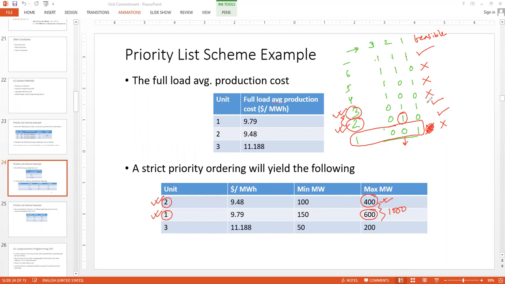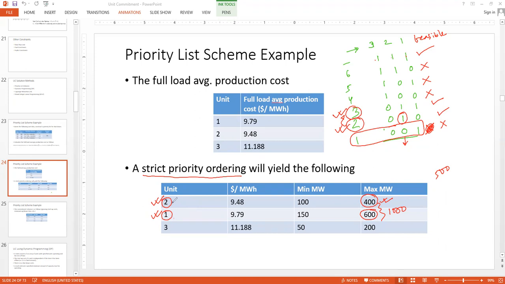That means if the demand, let's say, is 500, we could have chosen only unit number 1 and turned off unit number 2. But because we are following a strict priority ordering, we cannot do that. As I said, we cannot turn on a lower priority unit while keeping a higher priority unit off.